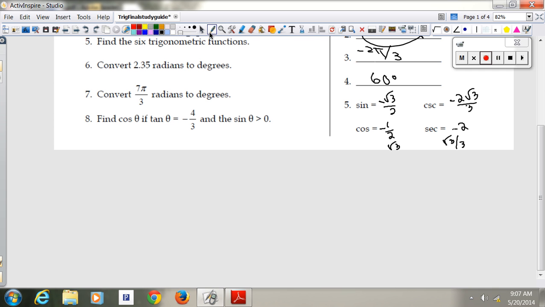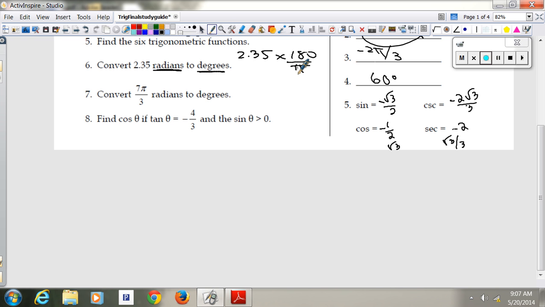Number 6 says to convert 2.35 radians to degrees. So you're going to take the 2.35 and multiply it by 180 over pi. The other one was pi over 180. When we went to radians, we multiplied by pi over 180. When you go to degrees, you have to flip that around and do 180 over pi.